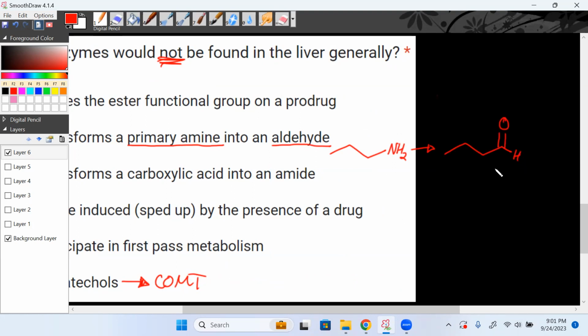So if we end up with an aldehyde out of our reaction from an amine, is this a terminal or internal NH2?